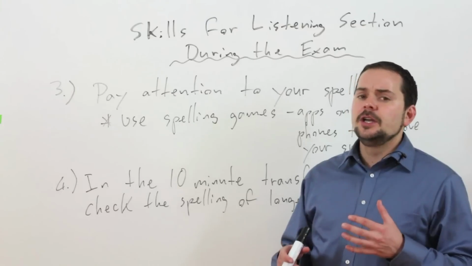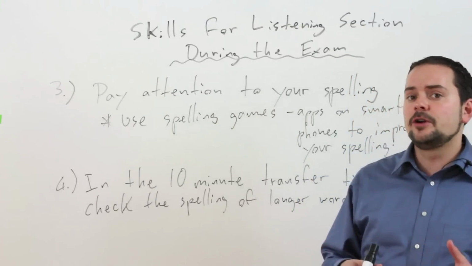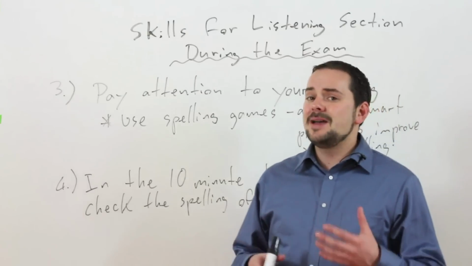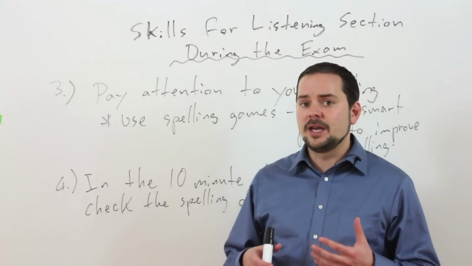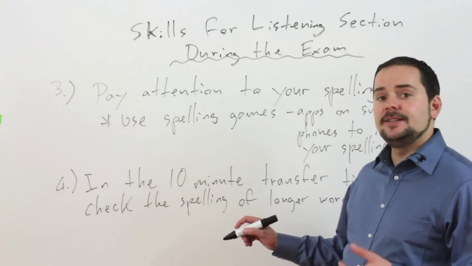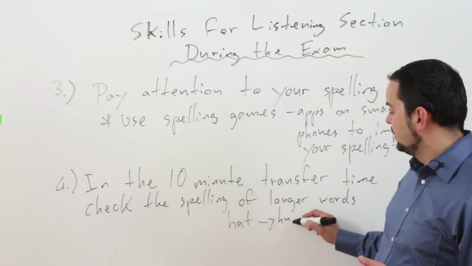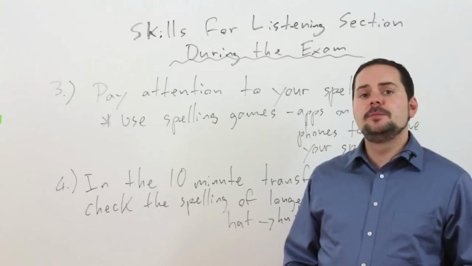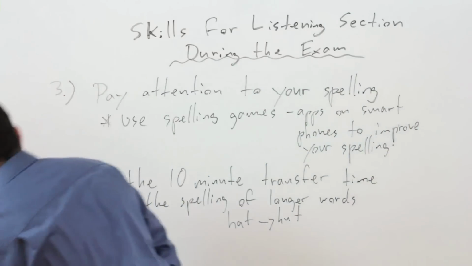In English, if you have the wrong vowel, so if you have an E instead of I or an O instead of U, in many situations it will change the meaning of a word, okay? So for example, hat is spelled H-A-T. If you write hut, H-U-T, it's going to be a different word. So just be careful about those vowel sounds.